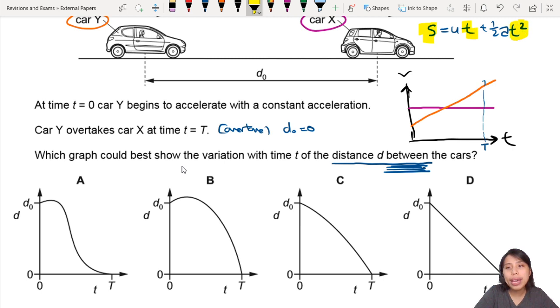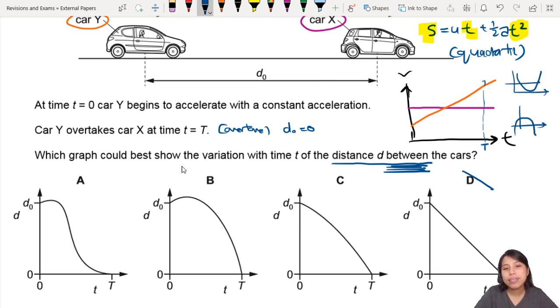Look, there's a square. So it cannot be a straight line. So, no, not this one. And this t squared is what we call a quadratic shape. Quadratic means either you have a smiley face like that or a sad face like that.